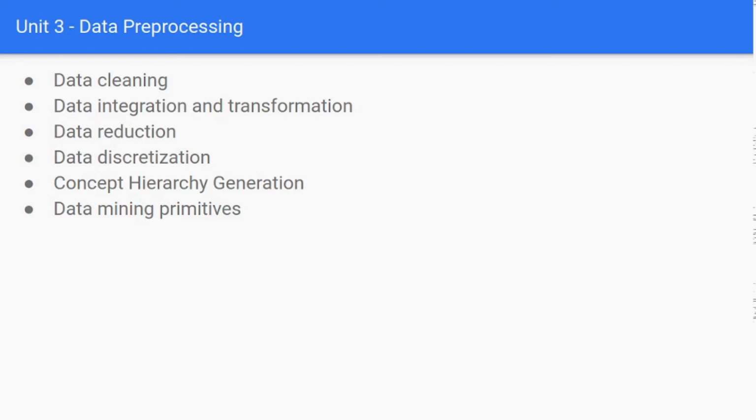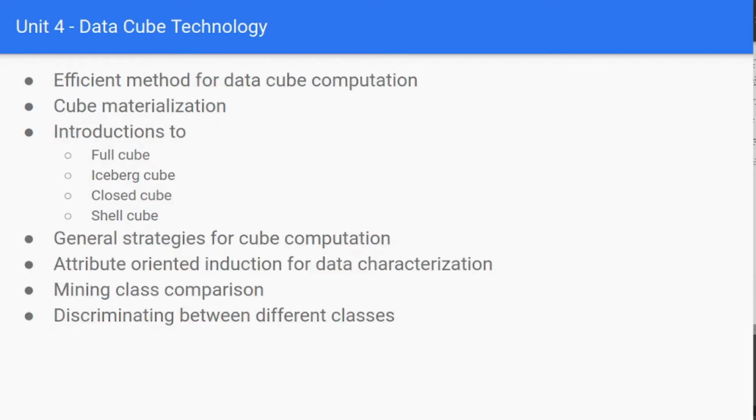Now, after studying data mining and warehousing, what we'll go through is data cleaning, data integration and transformation, data reduction, data discretization, and then concept hierarchy generation and data mining primitives. In data cube technology we have efficient mining methods for data cube computation, cube materialization, introductions to full cube, iceberg cube, closed cube, and cell cube.